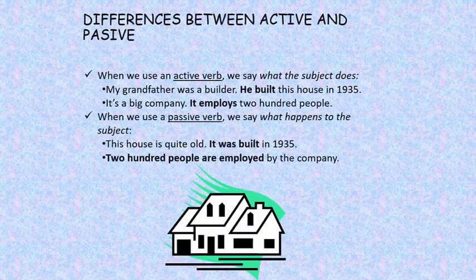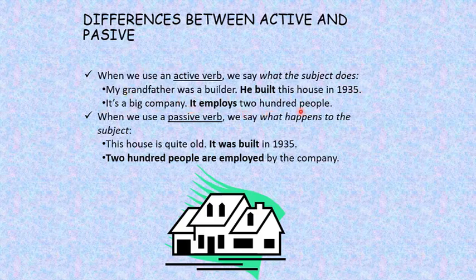Differences between active and passive sentences. When we use an active verb, we say what the subject does. For example, my grandfather was a builder. He built this house in 1935. It's a big company.